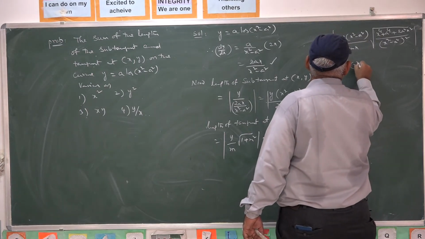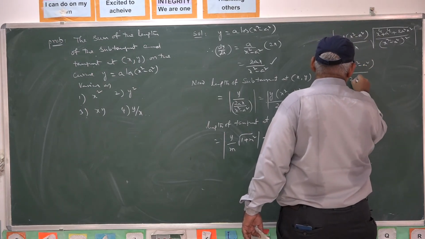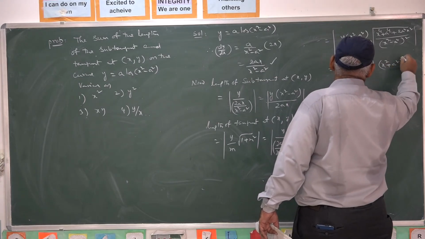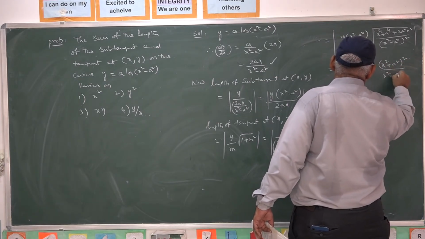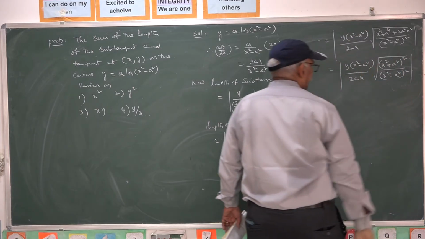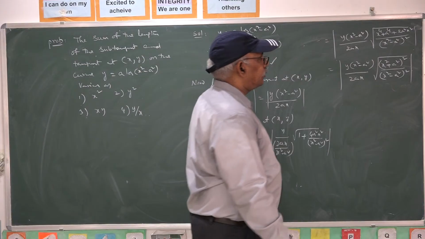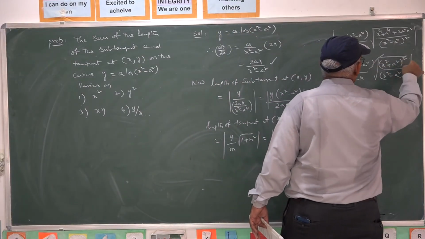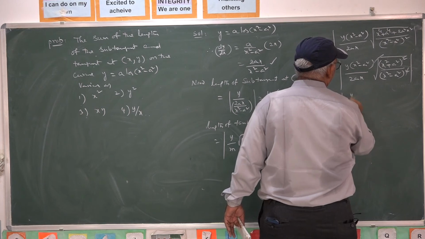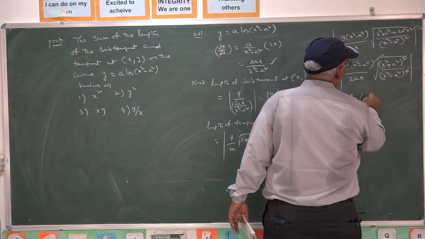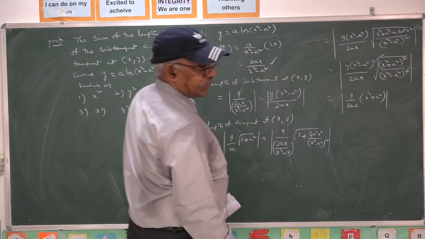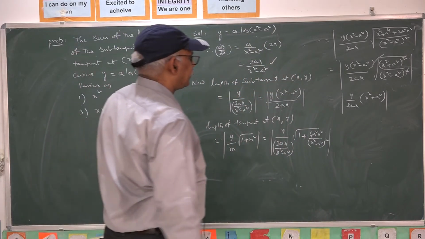That gives us y into x square minus a square by 2ax into, this is x square plus a square whole square by x square minus a square whole square under root. So the root cancels here and x square minus a square gets cancelled. So y by 2ax into x square plus a square is the length of tangent at x comma y.